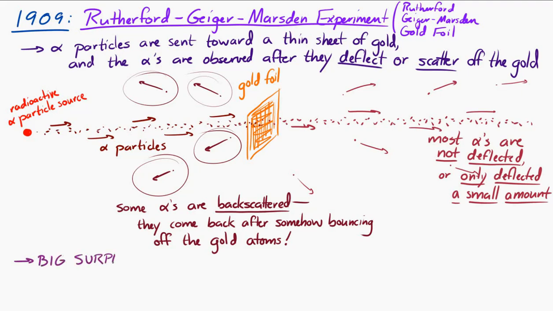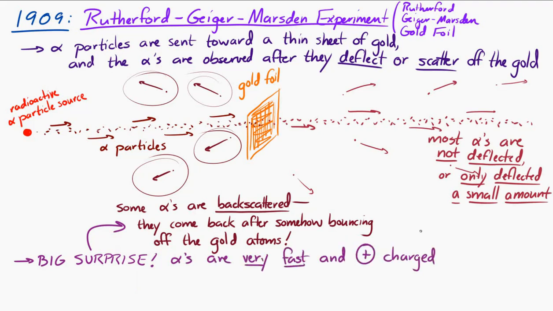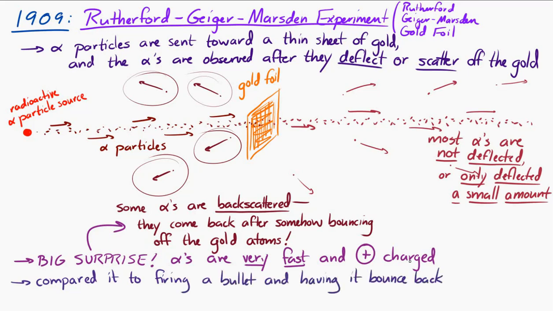Alpha particles move very, very fast, and they carry positive charges. So what Rutherford said, and he was kind of the guy in charge of this experiment, was that it was like firing a bullet and having it bounce back at you. And this was not possible if the plum pudding model was correct.